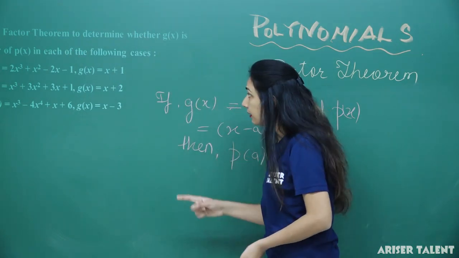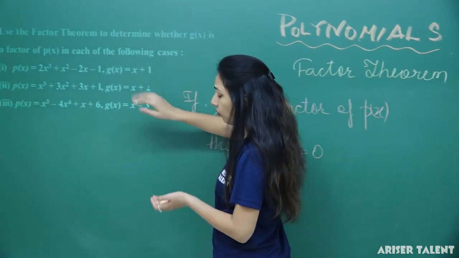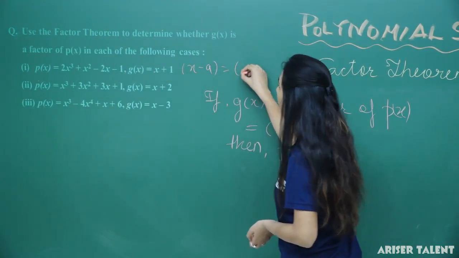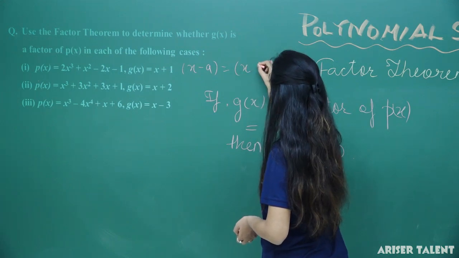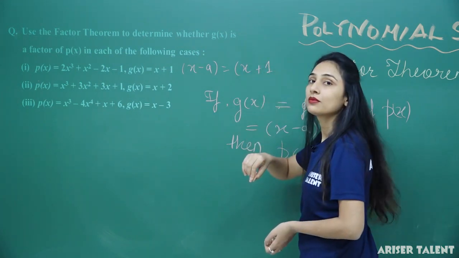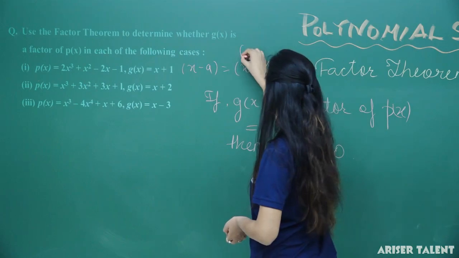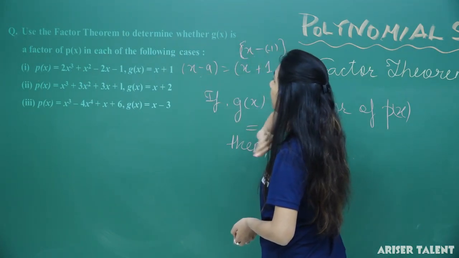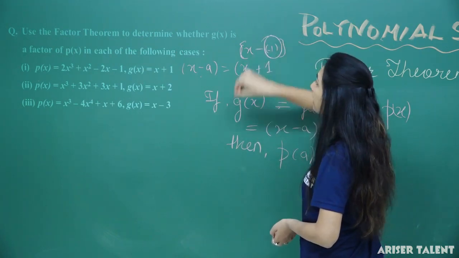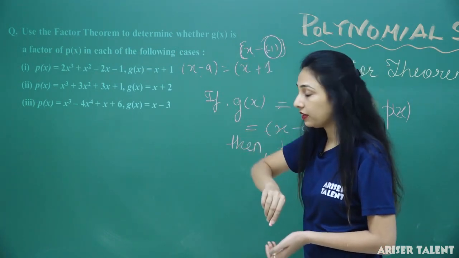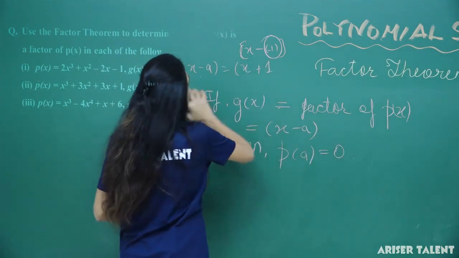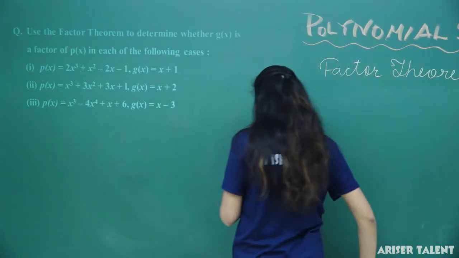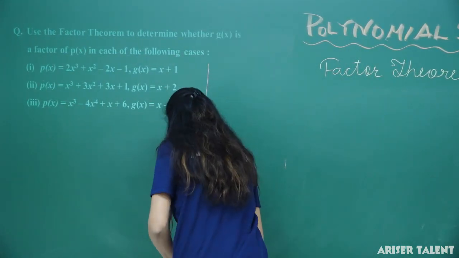Now g(x) is in the form x minus a, so x equals x and minus a equals minus 1, because x plus 1 is x minus (minus 1). So this minus 1 is basically our a.